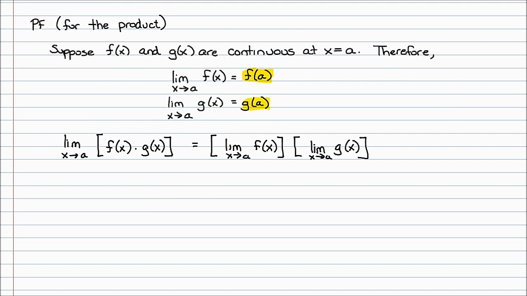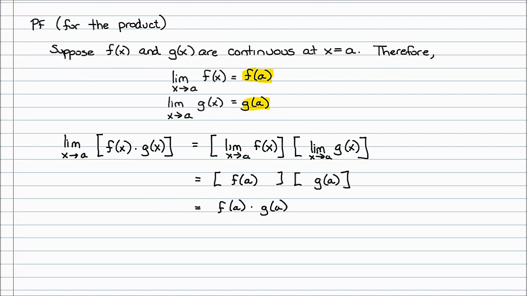So let's replace these symbols with that. We have f of a here, and g of a there, and of course we now have the product f of a times g of a.